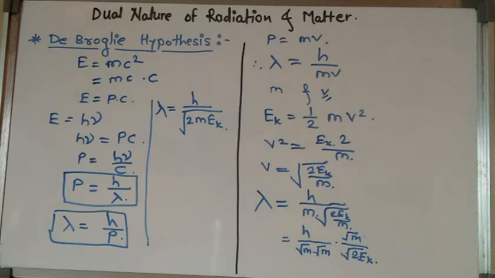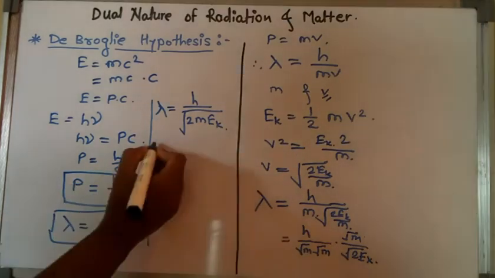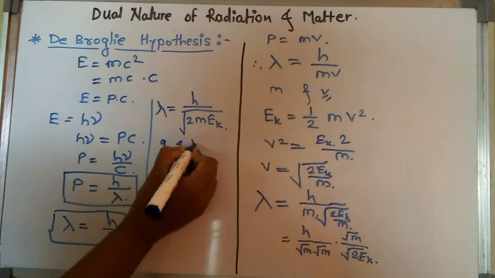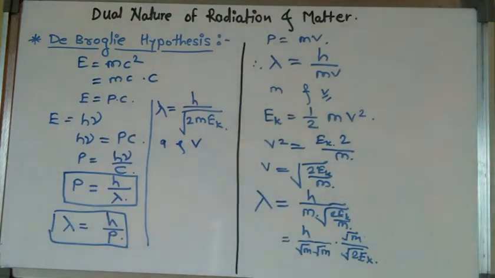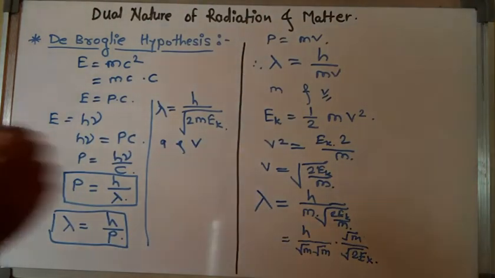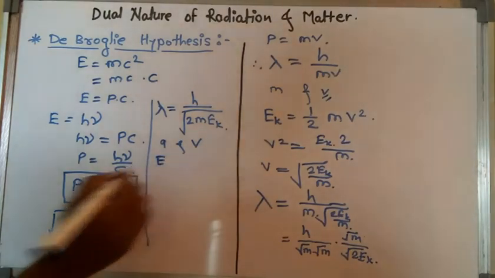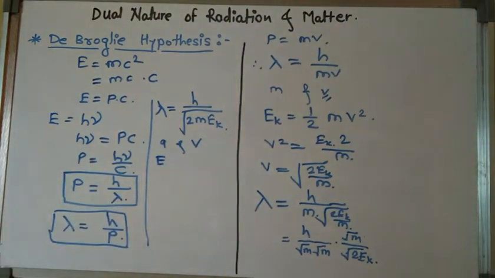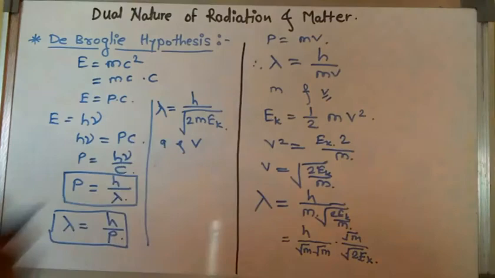Okay, then for a charged particle with charge q and potential difference V, we can write the work done by that charged particle.